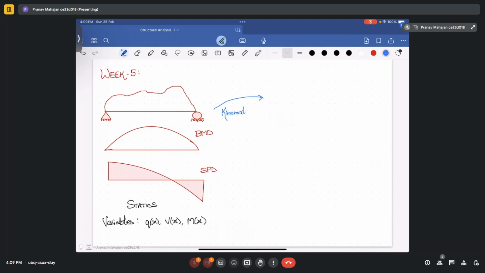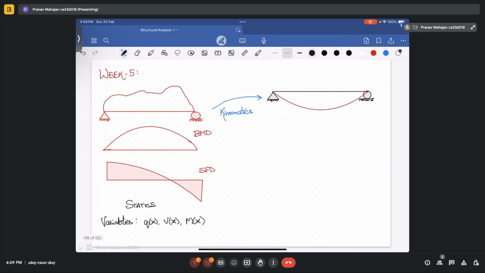Okay, so what we will do, we will take a beam and see how its deflection profile looks like. So this is the deflection profile of the beam.